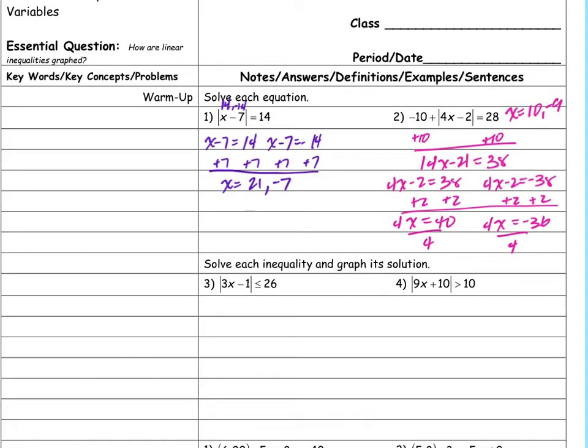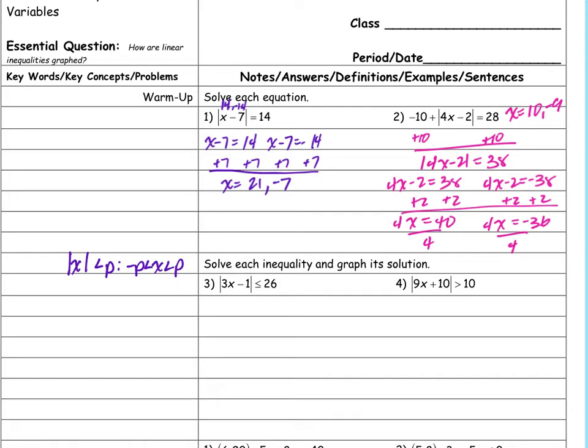Okay, and then for the last two, we have some rules because they're inequalities, and we have two sets of rules. The first rule says if I have the absolute value of x is less than p, then I'm going to solve negative p is less than x, which is less than p.